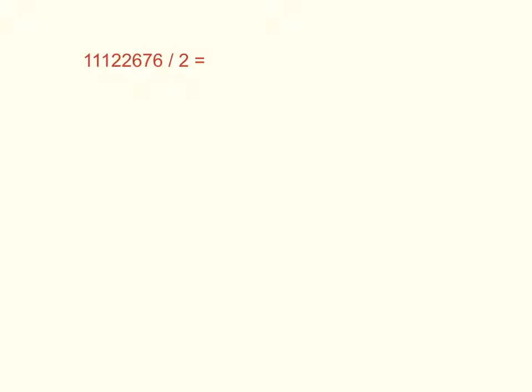The next number is 5,561,338. So it does not have a remainder, which means a remainder of 0. So the last digit is going to be a 0. Take a moment to solve this out and see if you're able to do it. I'm going to put my last digit there as a 0.